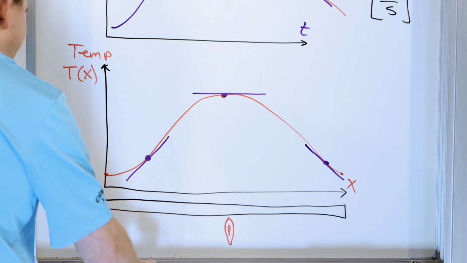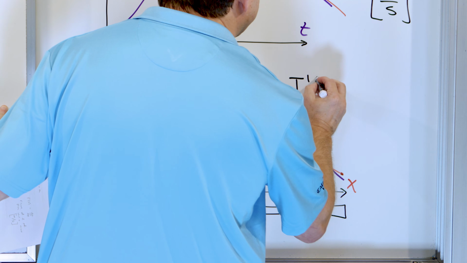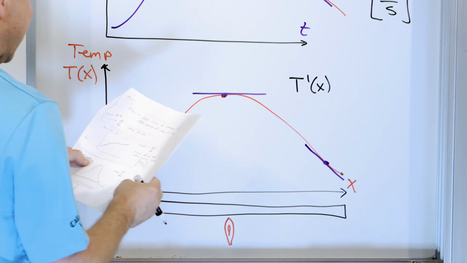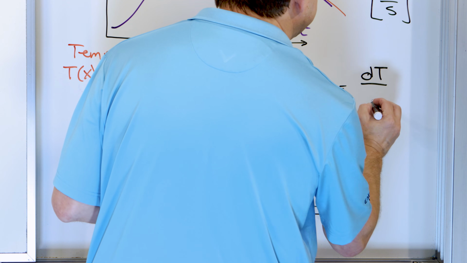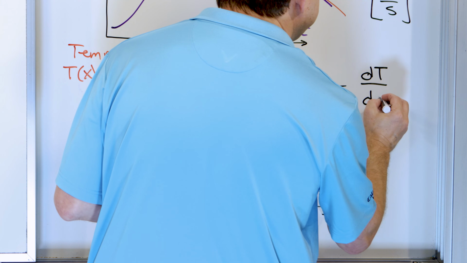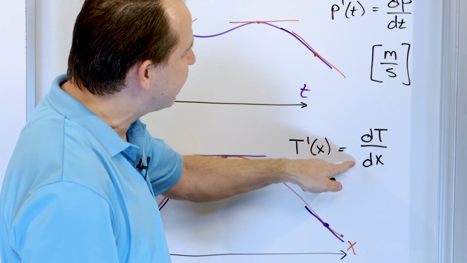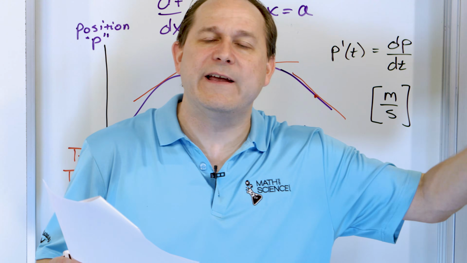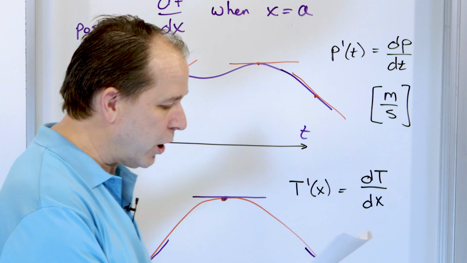And what you would then say in terms of math is you would be taking the derivative and calling it T prime of x, the derivative of the temperature as a function of the distance. And that could be equivalently written as dT, the change in the temperature, divided by, or compared with, the change in the x direction. Notice it's always comparing two things. The change in the temperature compared with the change in the distance, or the dimension of position along the bar, right?